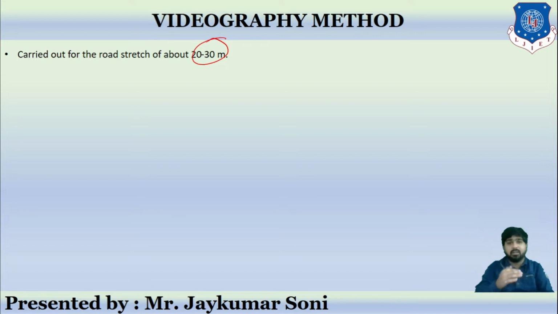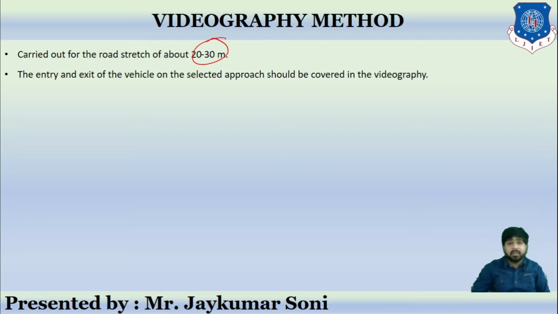This is how it proceeds. Sections of 20 to 30 meters are considered for one session of videography. Then the entry and exit of the vehicles on the selected approach should be covered in the videography. The videography should be done so that both entry and exit are covered.